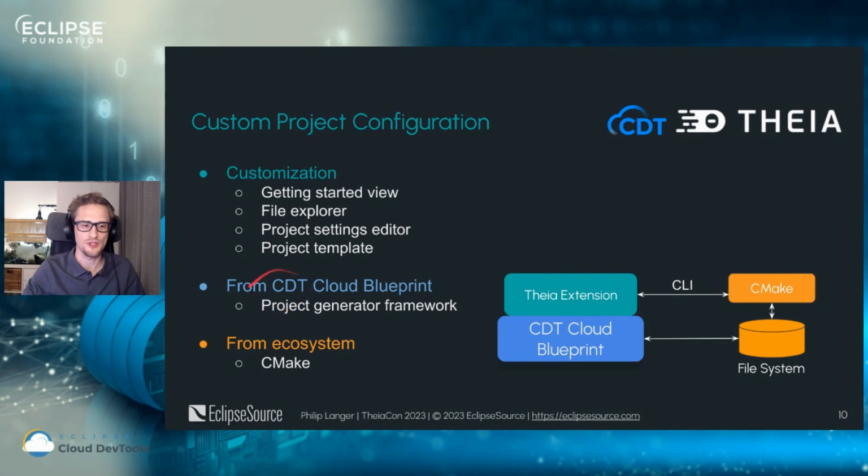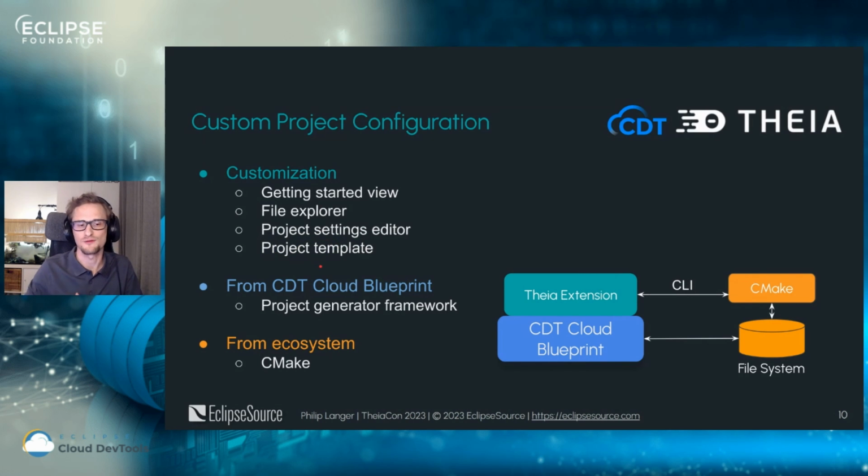The bluish items are components that we could just take from CDT Cloud, and the orange components are technologies that we integrated from the ecosystem, just to give you an idea. For this project customization, we created a Theia extension specifically for this tool, which contains the branding, the getting started view, the file explorer customizations, the project settings editor, and of course the specific project template that is created when you run it.